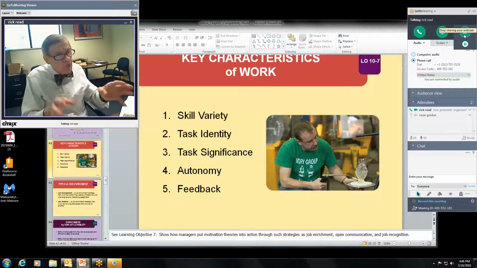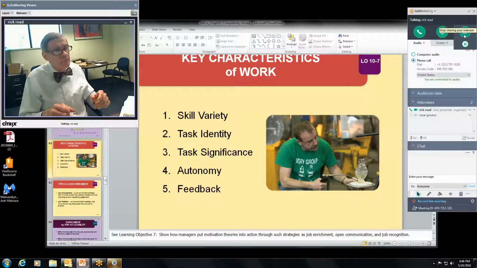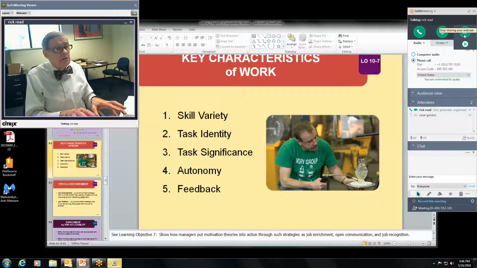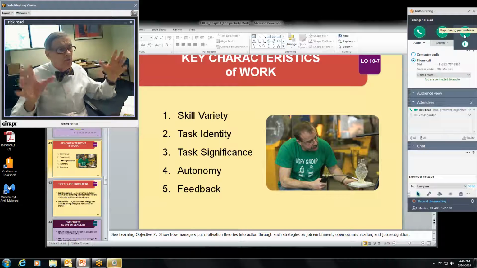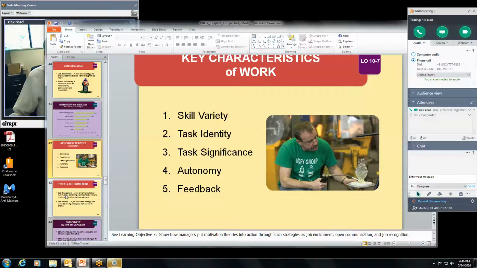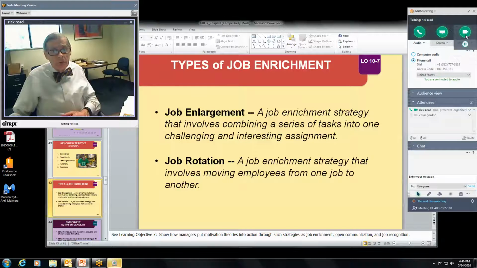Let the worker do what he or she's supposed to do. Let them know what they're doing. It's feedback: doing this right, need to tweak this, whatever it is. And don't make a big deal of it. You don't bellow it out from the mountaintop. Talk to the employee like he or she's an individual.